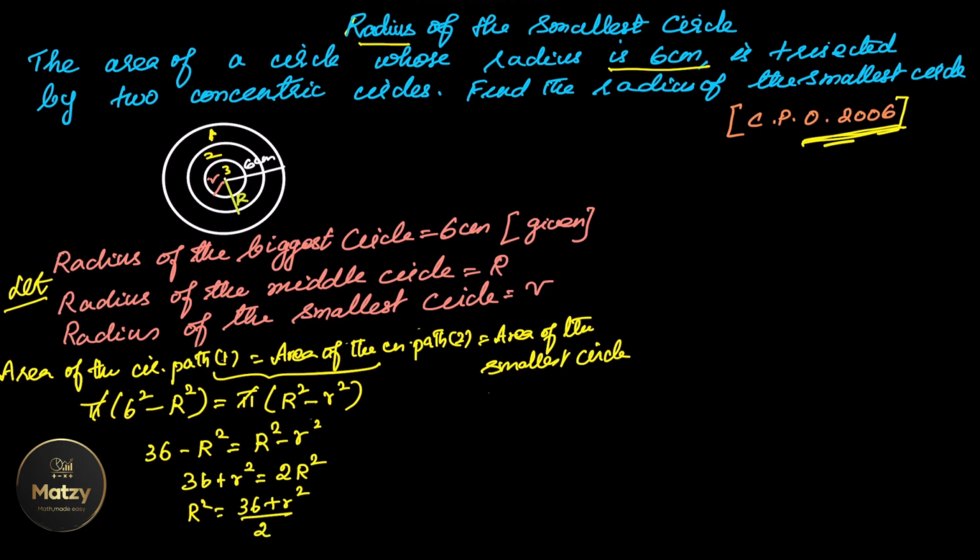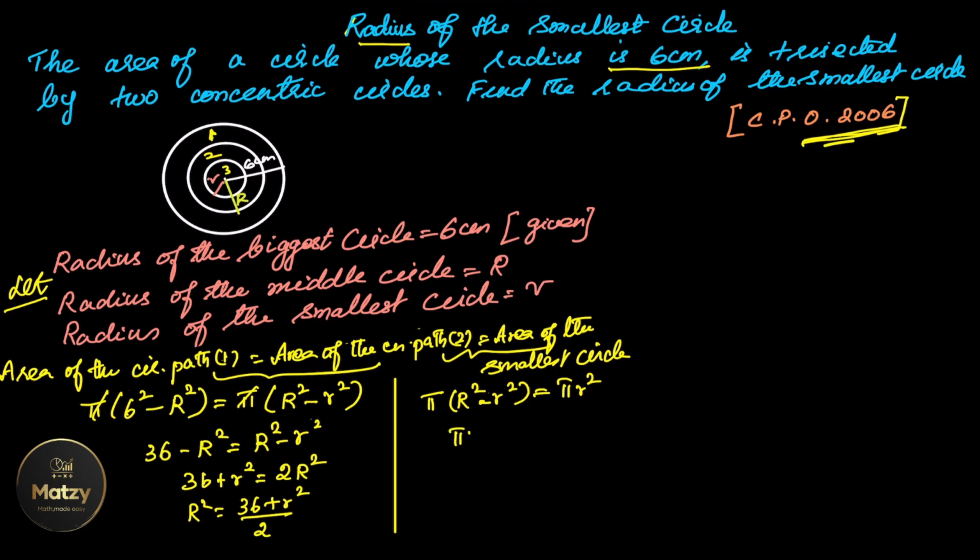Okay. Now I am comparing the area of the circular path 2 and the area of the smallest circle. What is the area of the circular path 2? Pi into capital R square minus small r square. What is the area of the smallest circle? Pi into small r square.